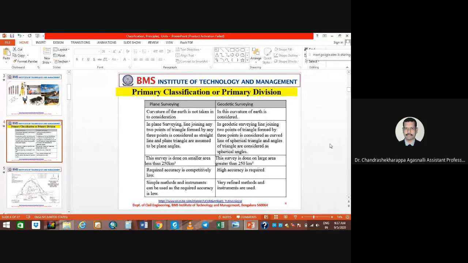So in plane surveying, the curvature of the earth is not taken into consideration, especially in plane table surveying. When it comes to geodetic surveying, the curvature of the earth is considered. That's a very good point. Actually, we need to consider it.